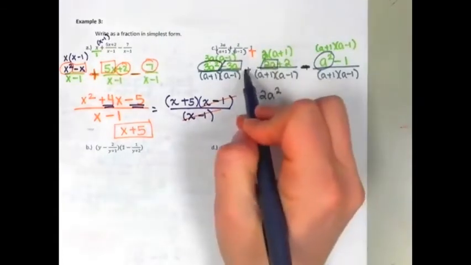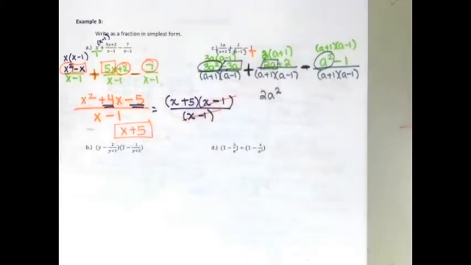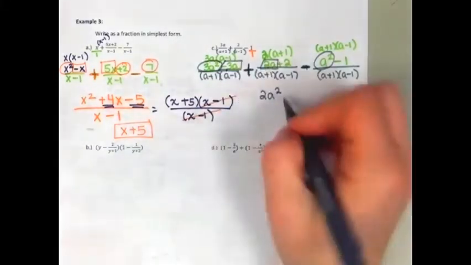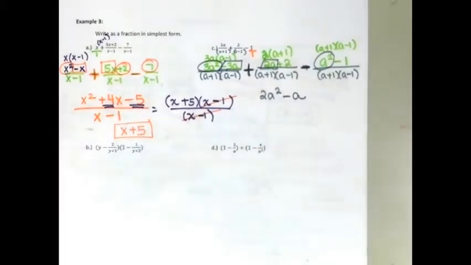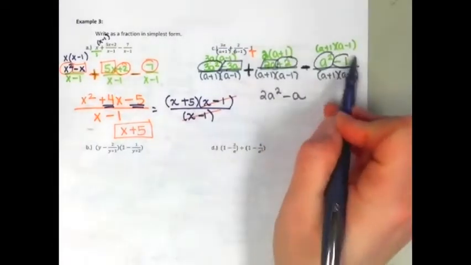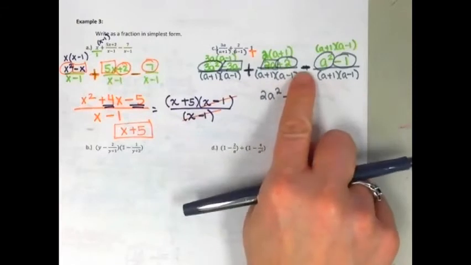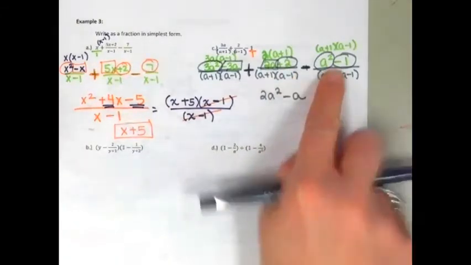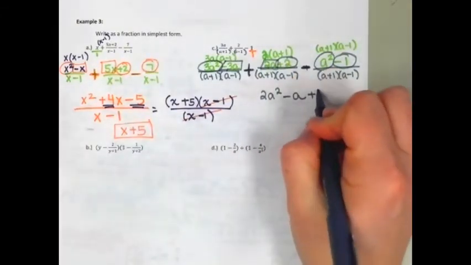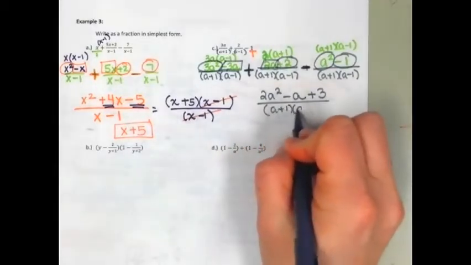We are adding it, right? So what's a negative 3a plus 2a? Negative a. And then we have a positive 2 and a negative 1. What are we doing here? Subtracting. So what's 2 minus a negative 1? 3 over a plus 1 times a minus 1.